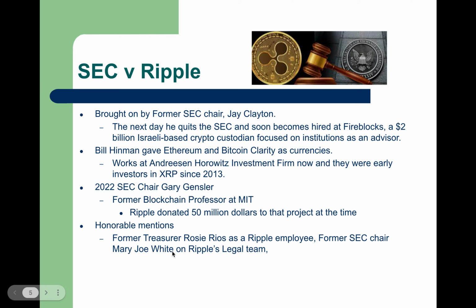People are saying that she's there to expose Jay Clayton and all his insider trading, and Bill Hinman, and all these other guys she knew at the time because she's an OG for the SEC, and she's on Ripple's legal team. It's going to be interesting watching this when it goes to court. I think they're still in discovery right now, so it takes a while in the courts.